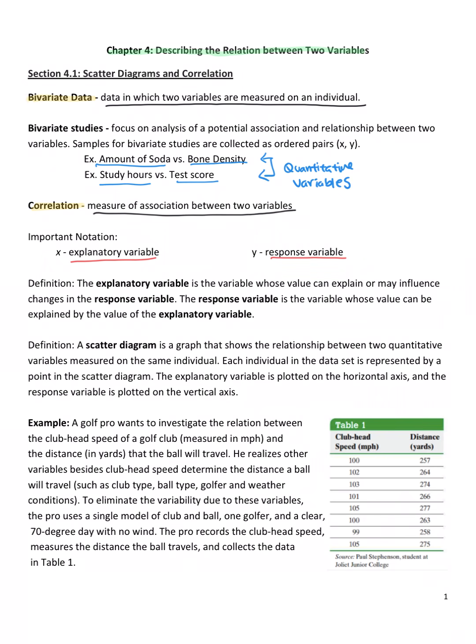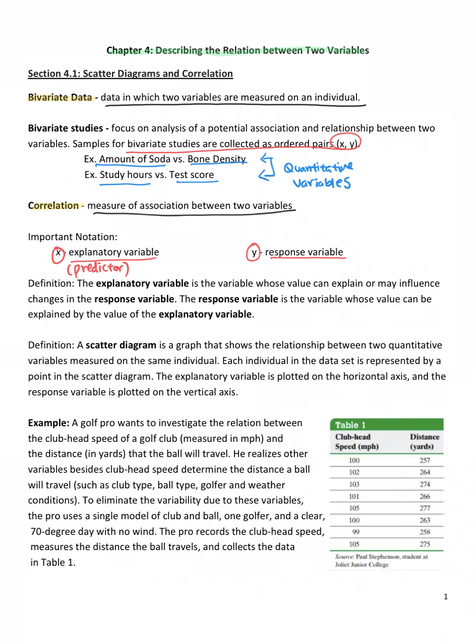And the traditional letters to use for explanatory and response variables are X and Y. So X is often referred to as explanatory variable or predictor variable, and Y is often referred to as response variable. Also, samples of bivariate studies are collected as ordered pairs, X comma Y.